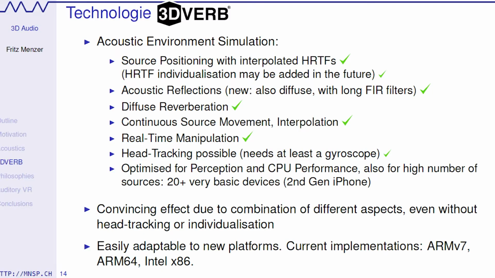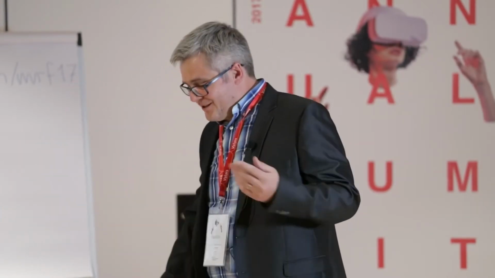Of course, it's aimed at real-time manipulation, which also allows head tracking, which of course you have with VR goggles. There you have the head tracking already included. If you don't use VR goggles for head tracking, of course you need at least a gyroscope mounted somewhere to the head.